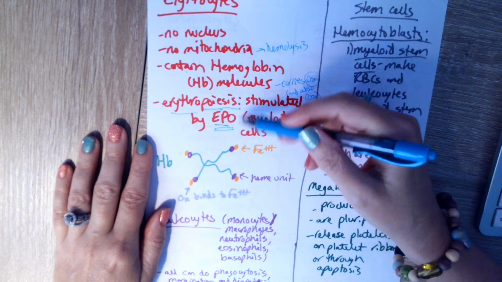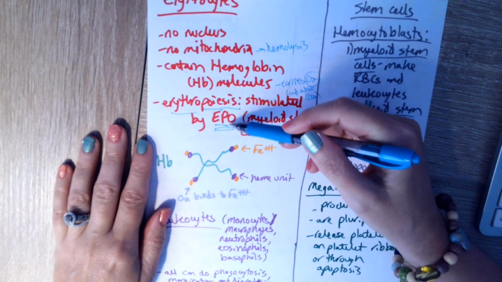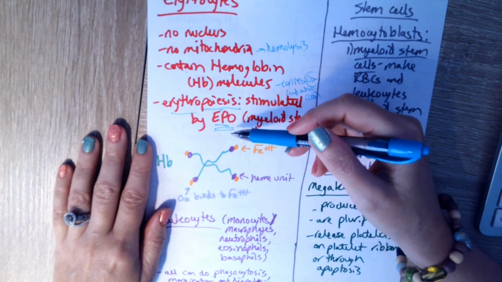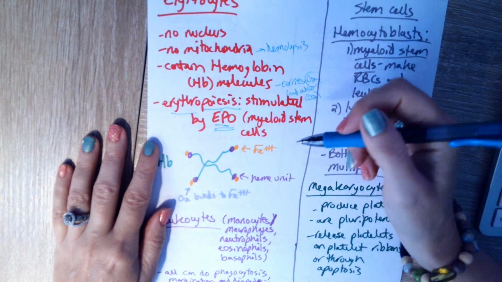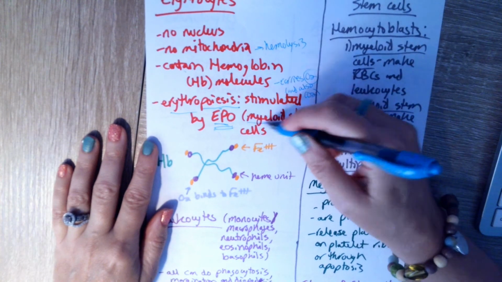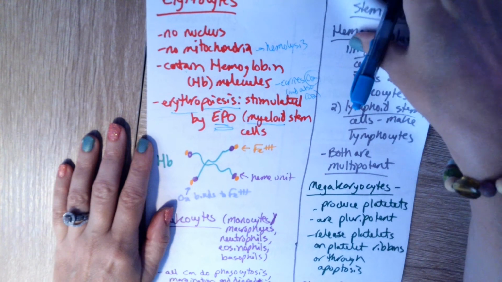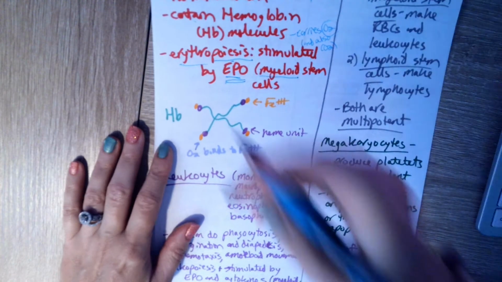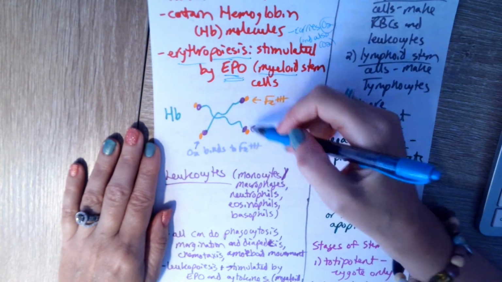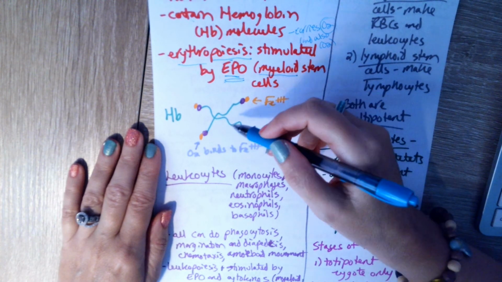So you want to make more red blood cells if you have low oxygen, so that you can hopefully carry more oxygen more efficiently. And these are a type of what are called myeloid stem cells, which we're going to get into in a minute.